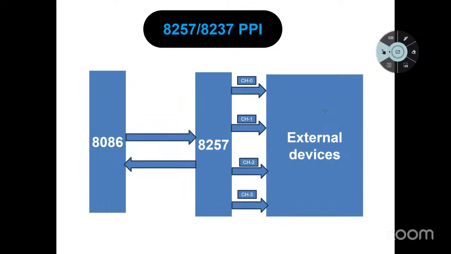The 8257 is connected to 4 different external devices. In the afternoon we will discuss the 8251 serial communication device, memory interfacing, and the PIC, the programmable interrupt controller.